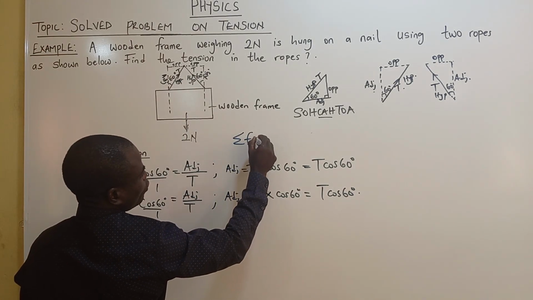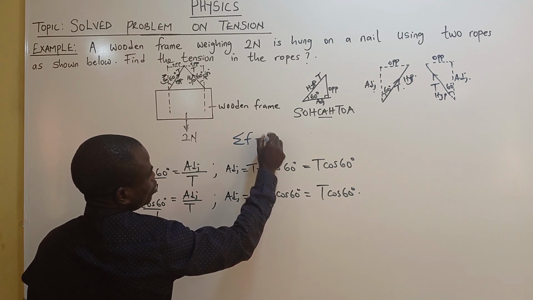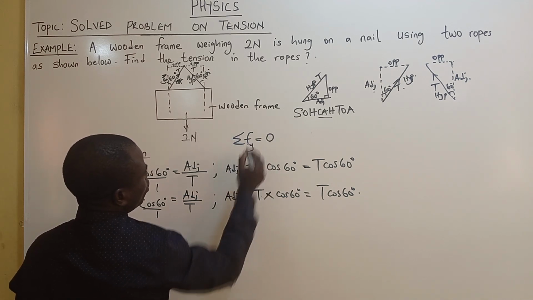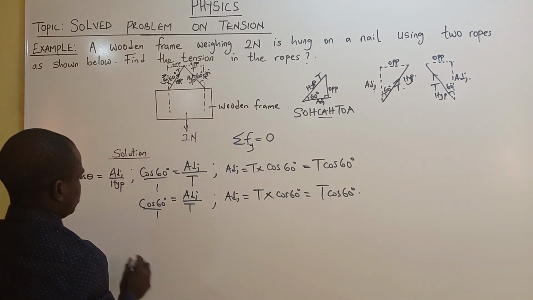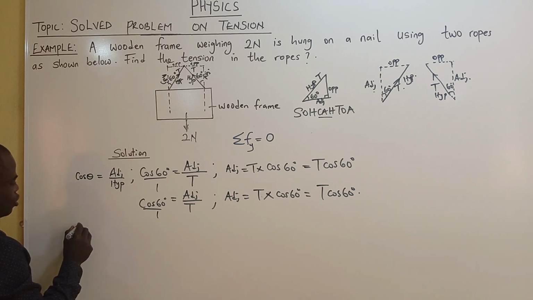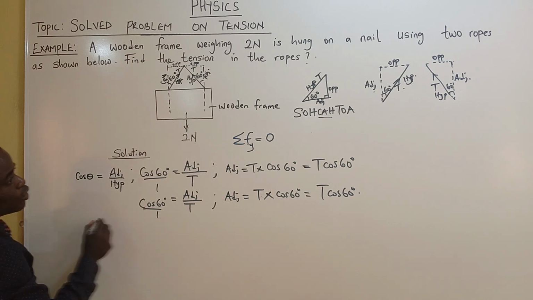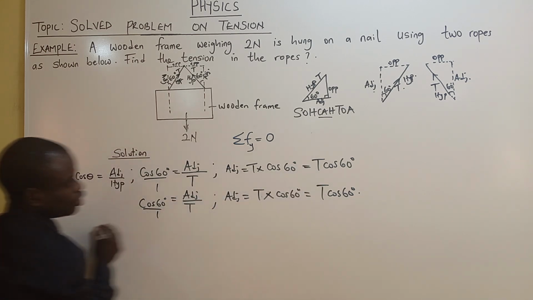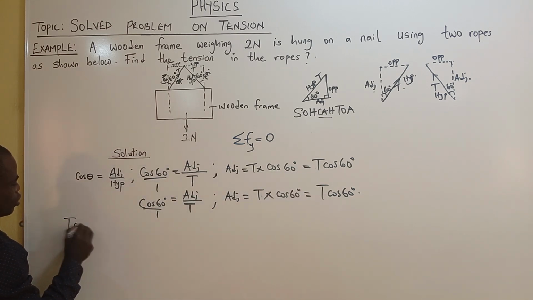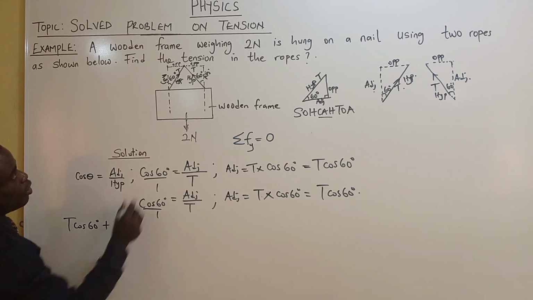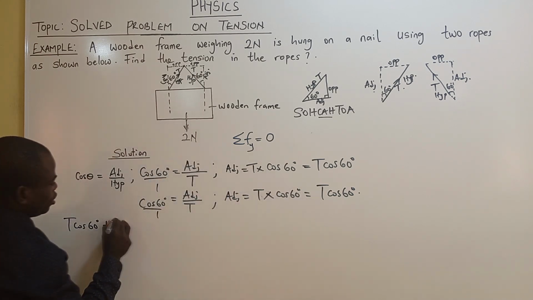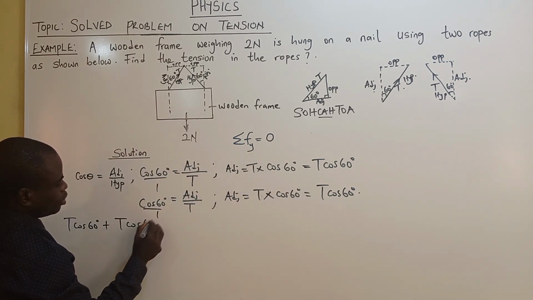Summation of F equals 0, summation of Fy equals 0. How many upward forces do we have? 2. We have T cos 60 degree plus the second one, T cos 60 degree.